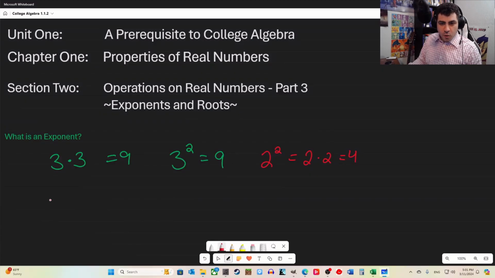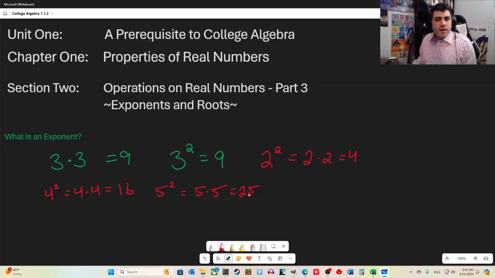We could use 4. 4 squared equals 4 times 4 equals 16. 5 squared equals 5 times 5, which is 25. Any number works. 10 squared equals 10 times 10, which is 100.